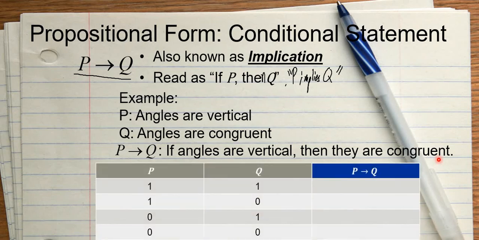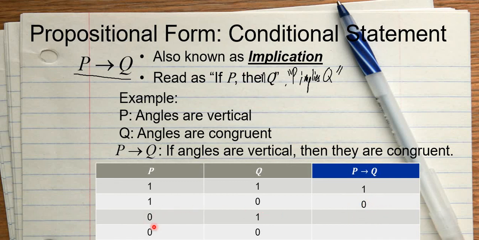Now, when we talk about the truth table of a conditional statement, this is how it would be. If both statements are true, then that is considered true. However, if P is true, but Q is false, then the conditional statement would be false.